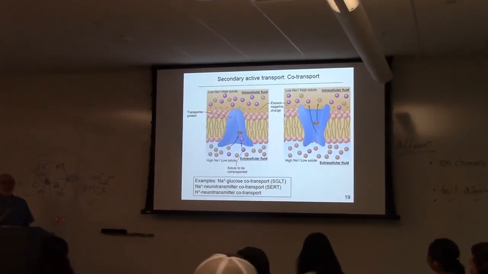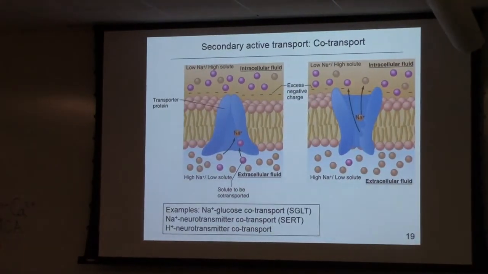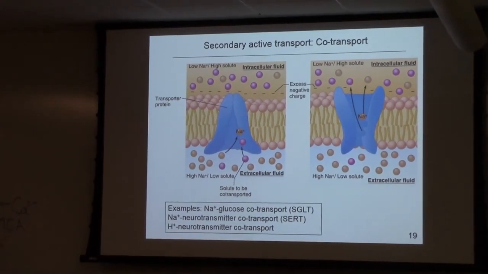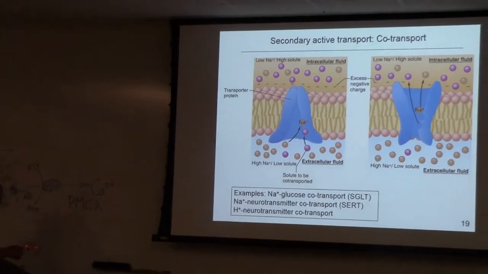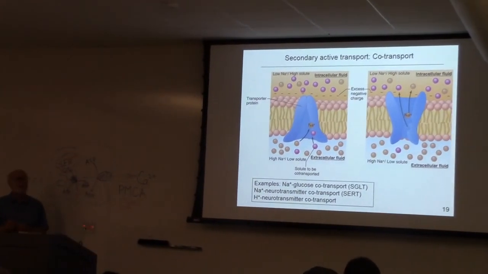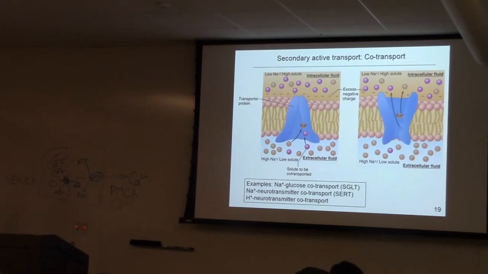Okay, one more main concept for today, and then we'll be done, and that's another form of active transport, co-transport, or secondary active transport.